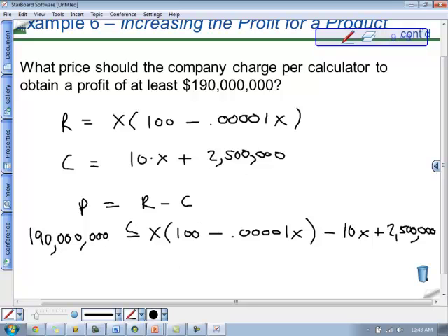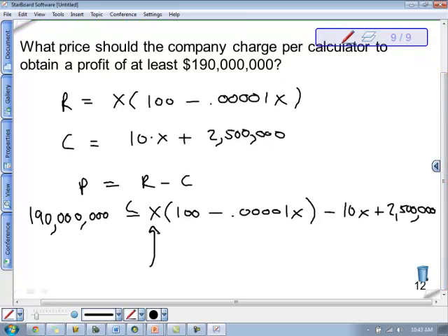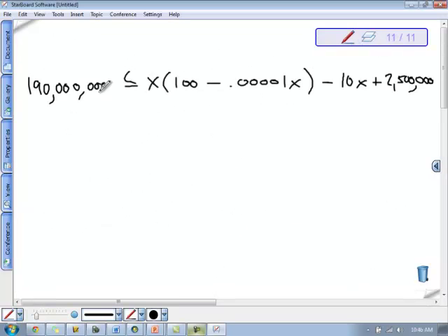So now we can just solve for x. We can solve this inequality for how many calculators we must make to get a profit of at least 190 million. Obviously, this is going to take some algebra. So now I'm going to solve this big inequality, which is going to be fun. Let me distribute. This would be 100x minus 0.00001x squared minus 10x plus 2.5 million.